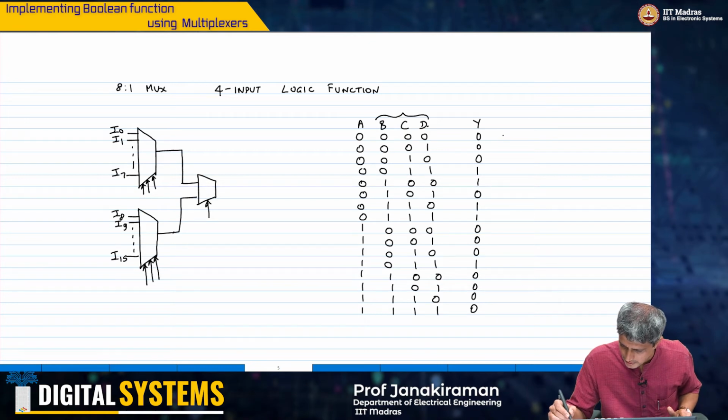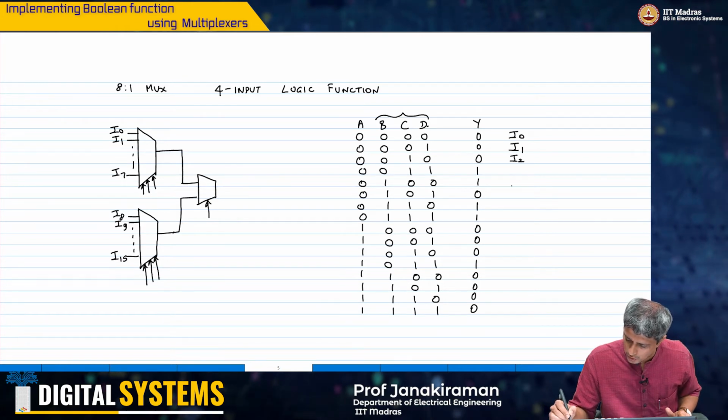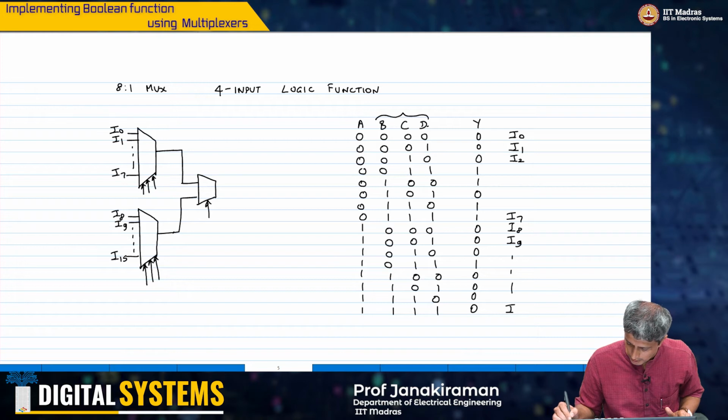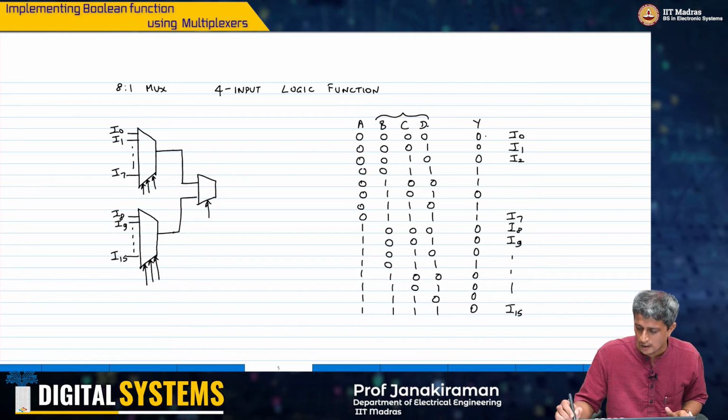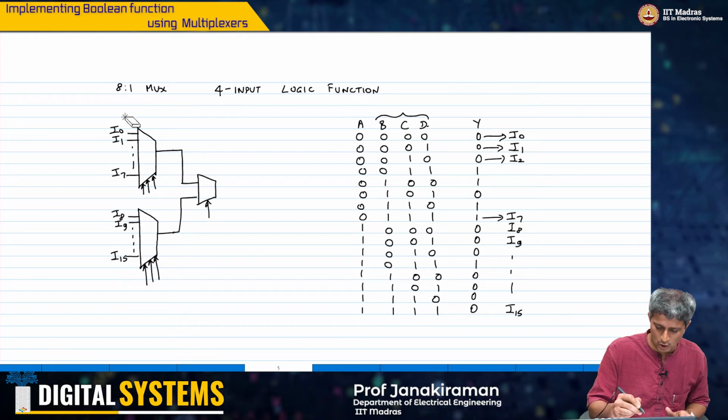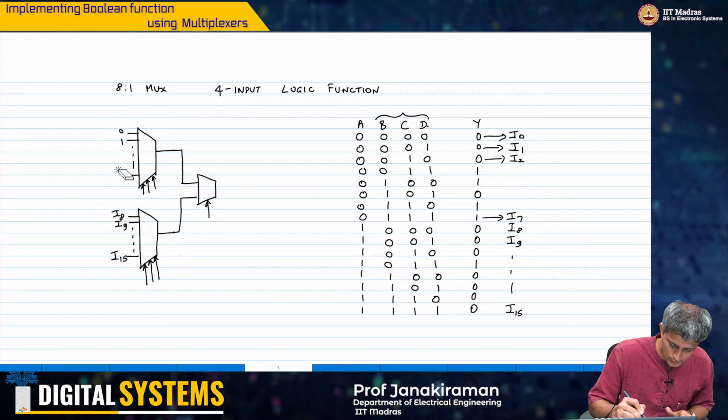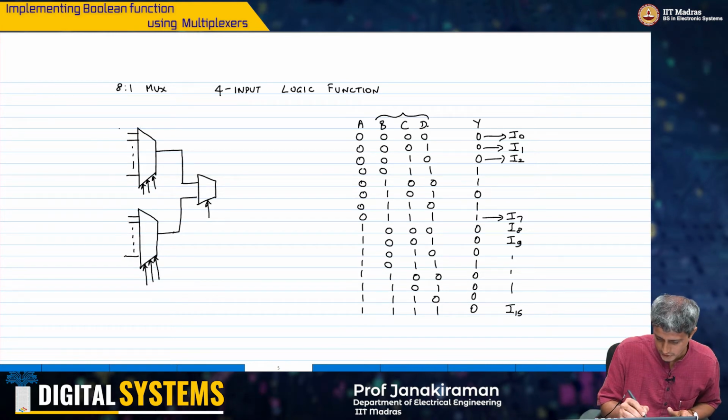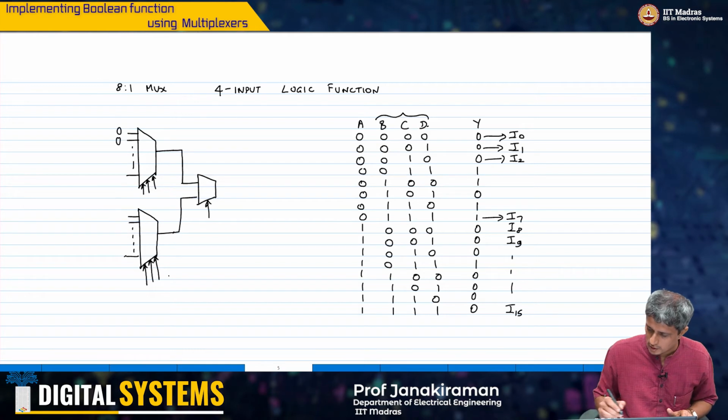So if you look at this, this corresponds to input I0, I1, I2, all the way. This is I8, I9, all the way to I15. So all I have to do is connect each input like this to this value, right? So that's all I have to do based on, right? So I would just have to do the following. This is 0, 0, right?